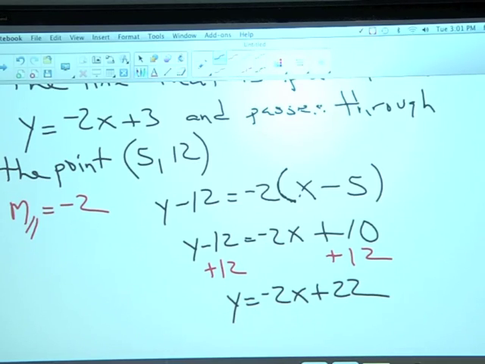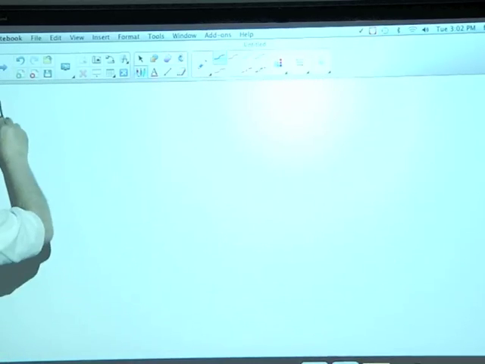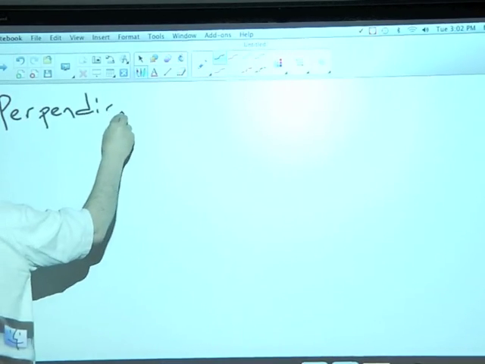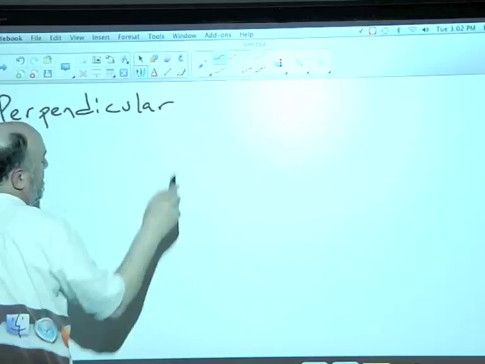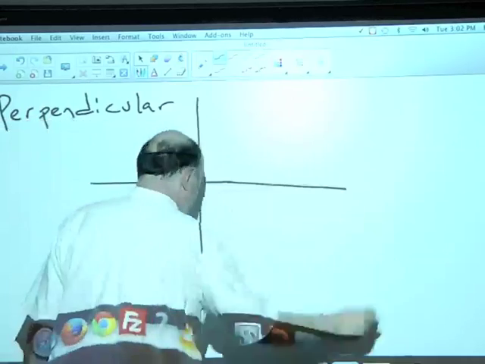So if I give you a slope, the new line has to have the same slope. What about perpendicular lines? What's true? Intersecting at 90 degrees. They don't have the same slope. That is true, right? So you think about perpendicular lines and what they look like. Let's draw a little graph of perpendicular lines. So we got my axis.